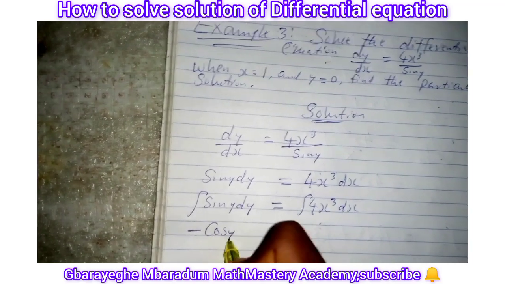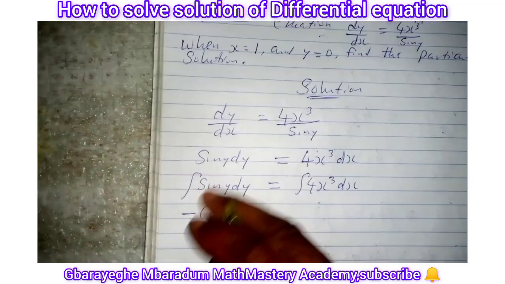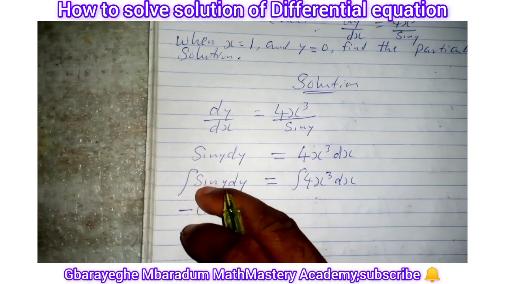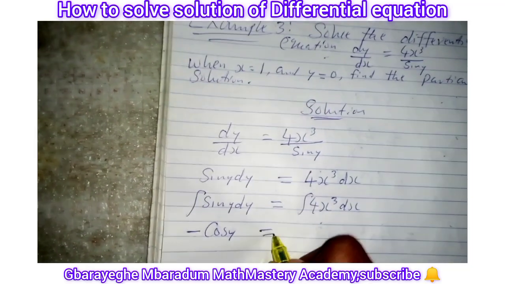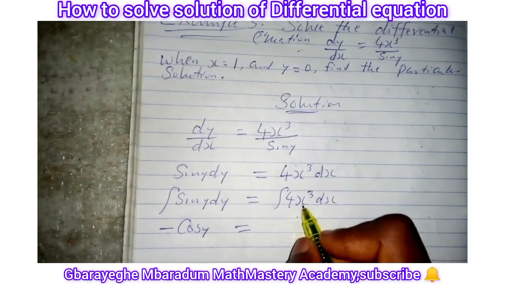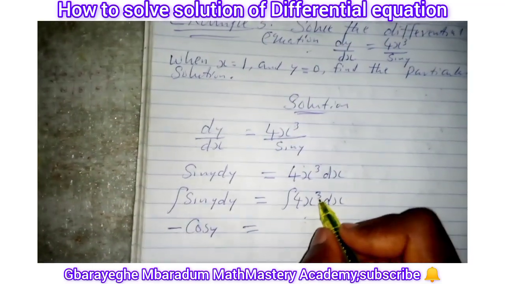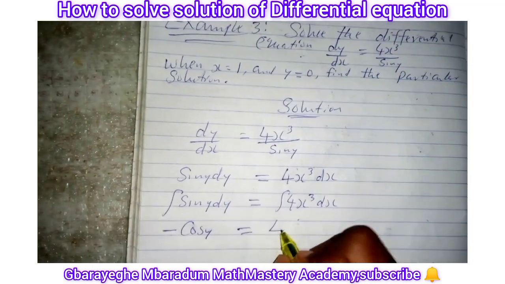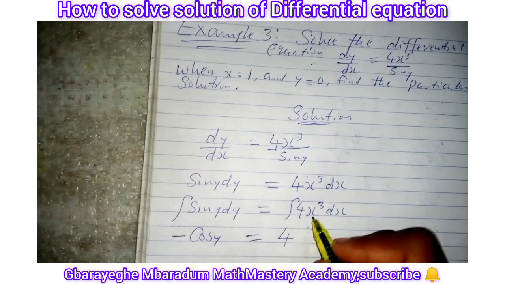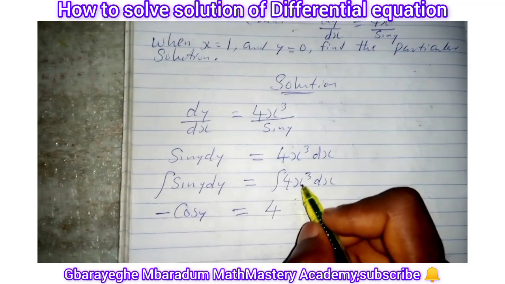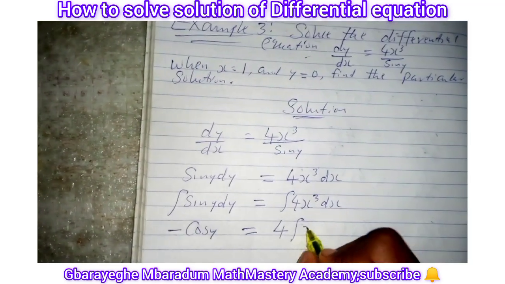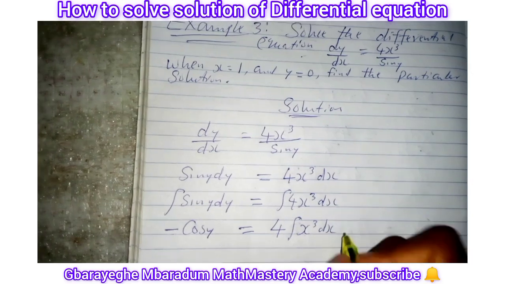Now, if you integrate sine y with respect to y, we are going to have minus cos y. This is the integral of sine y, right? Now we look at the integral of 4x cubed. You know that this 4 here, we bring it outside, then we integrate x cubed with respect to x.